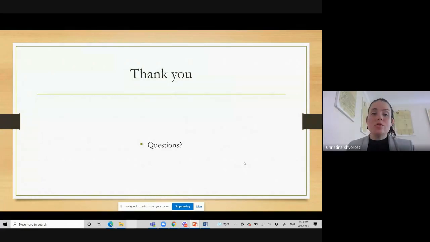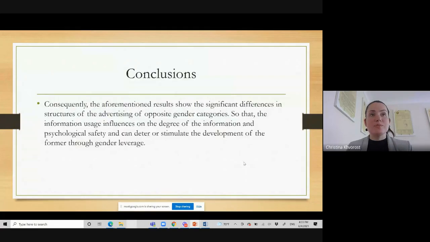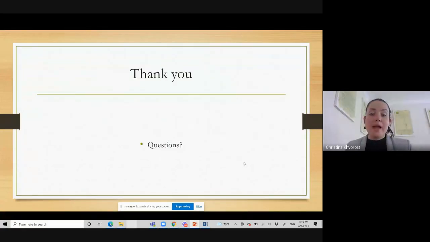The perspective of our results is also to investigate gender differences during the pandemic situation, and communication via the internet and distant communication.